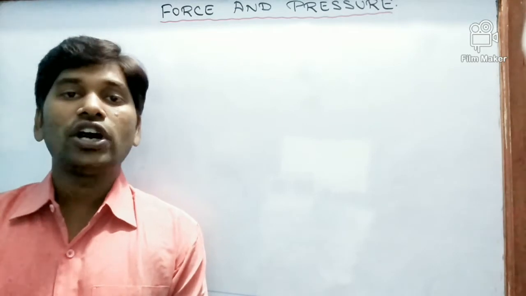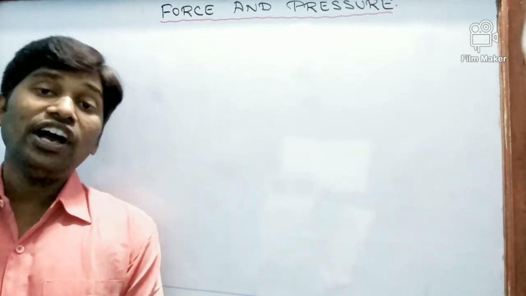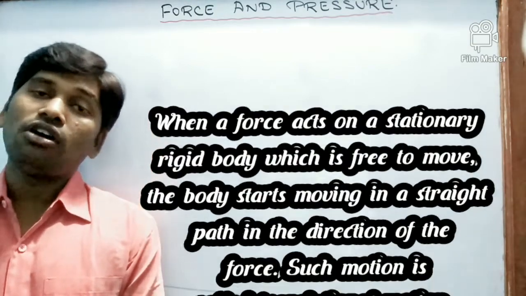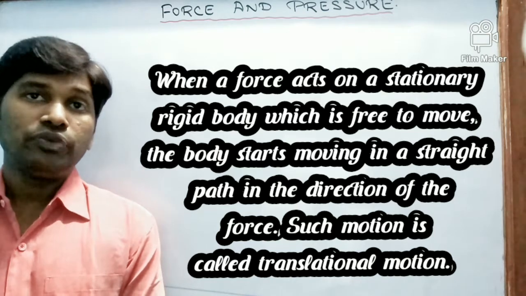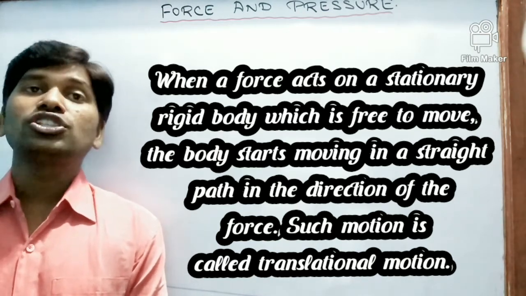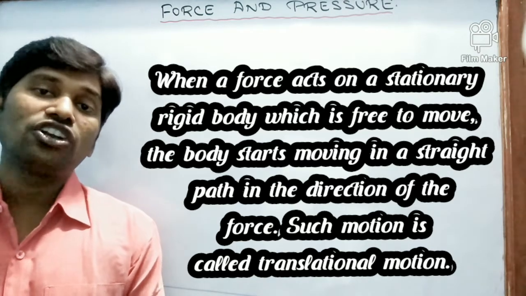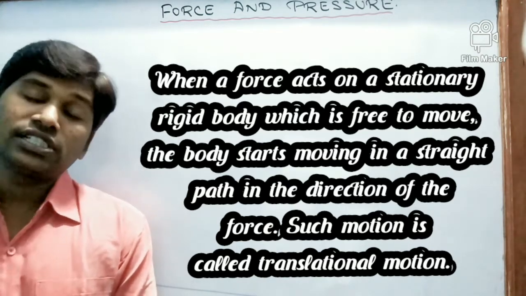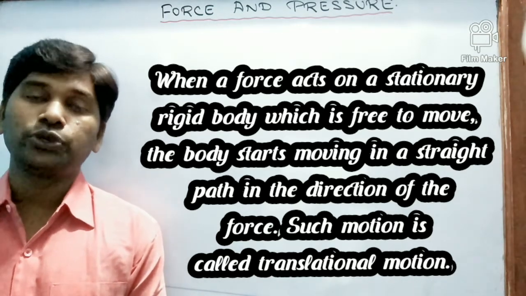The first one is known as translatory motion. When a force acts on a stationary rigid body which is free to move, the body starts moving in a straight path in the direction of applied force. Such type of motion is called translatory motion.